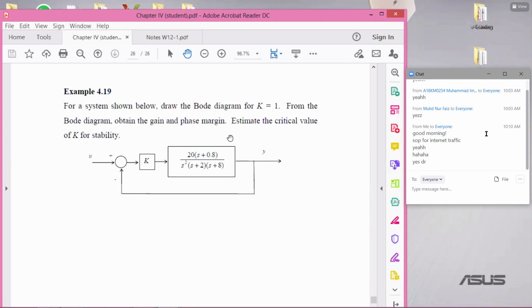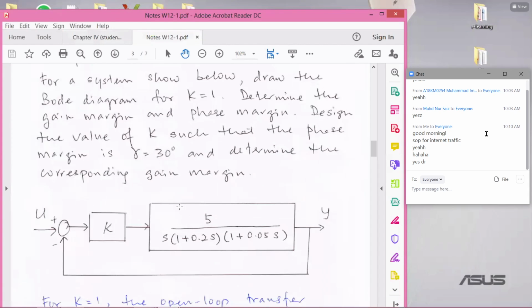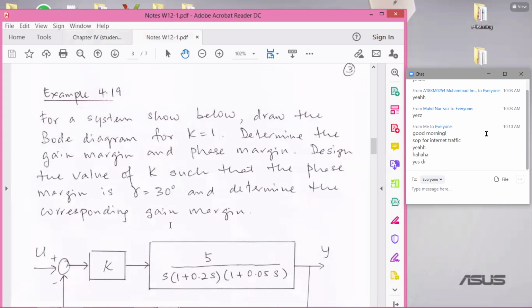When you want to draw the Nyquist diagram, you get the open loop transfer function. That's it. So the first thing that you need to do is determine the gain and phase margin, and I add something here: design the value of K such that the phase margin is 30 degrees, and determine the corresponding gain margin.